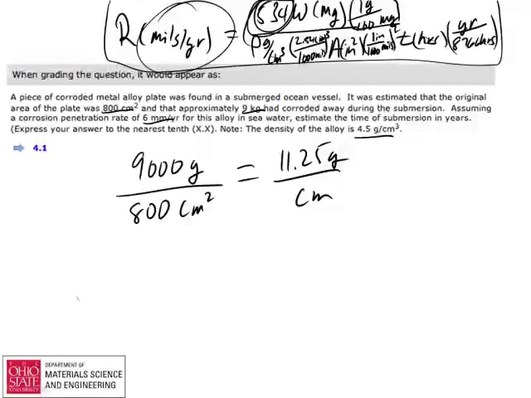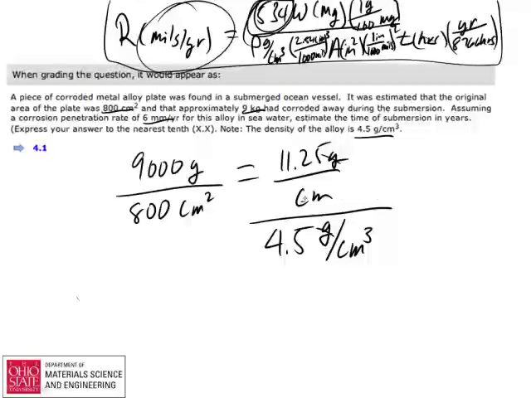Then what I can do is take that, divide that by 4.5 grams per cubic centimeter, and we can see the grams go away and centimeters partially go away.